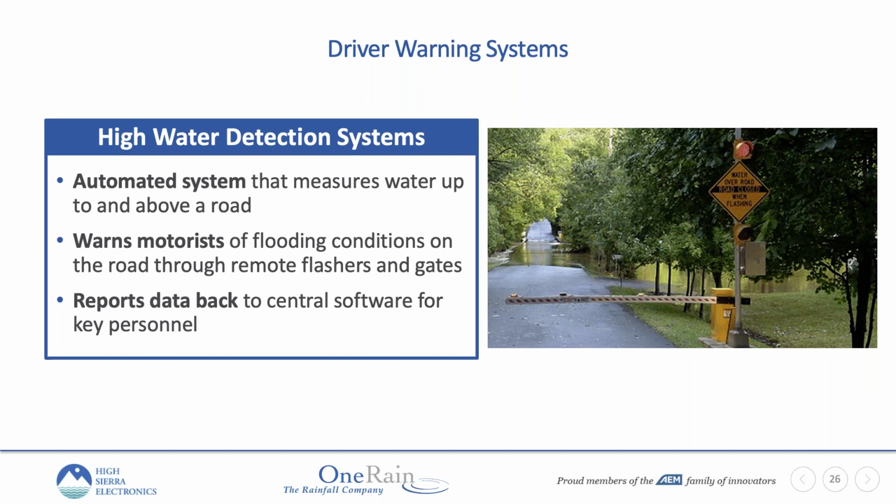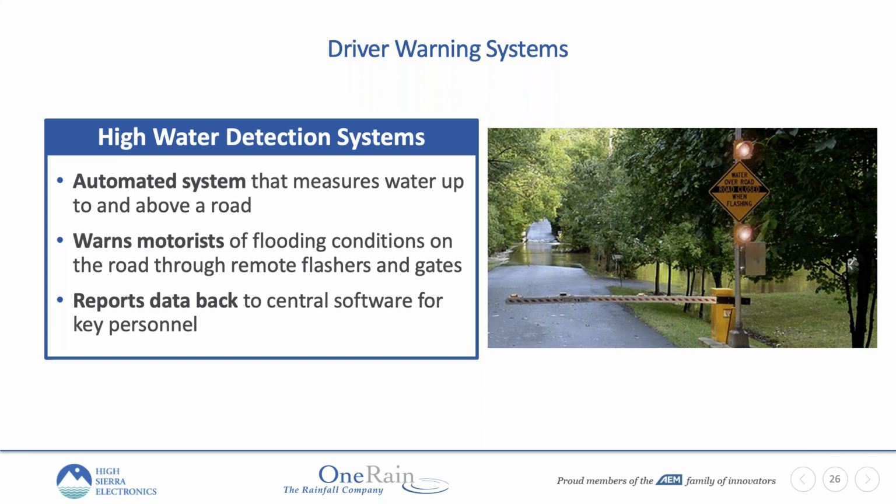We can automatically track that, send that data back so we know to maybe we want to go verify, or we can put a camera on the system to visually inspect and verify. But ultimately, we're going to be warning the motorist by closing a gate if it's a known trouble area where we've had issues in the past, and turning on flashers to get that extra response.